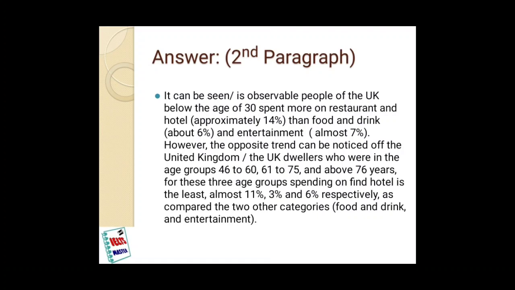What I did here is I tried mentioning which category people did spend the least, and that was restaurant and hotel. And I also mentioned what was the percentage of money that was spent on restaurant and hotel. And I used respectively, which is also another structure that we can use in writing.